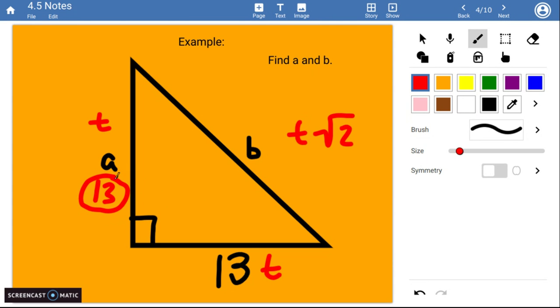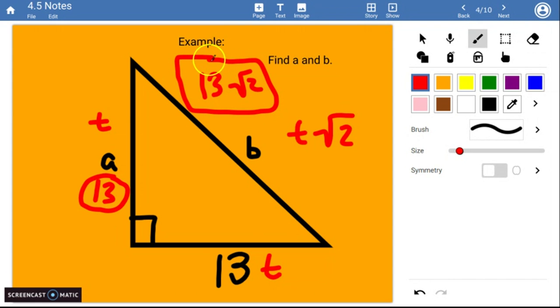Solving was finding out that T was 13. Then plugging in: we plug T in here, 13 root 2. That is the answer to what B equals. You can leave it just as that.